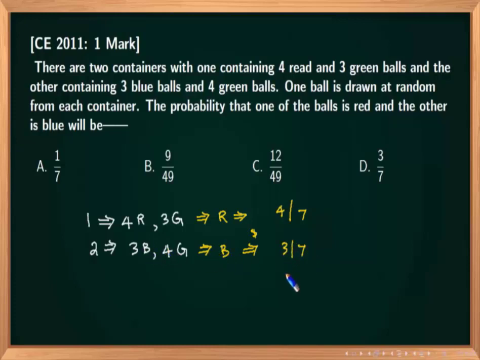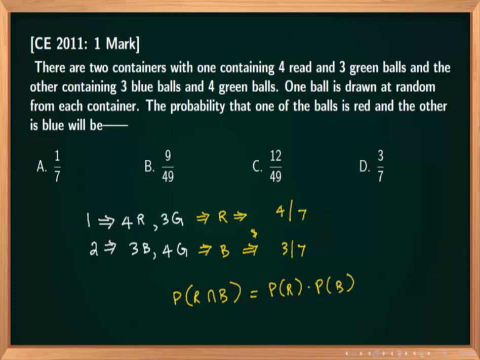3 out of 7. Now this question, what I need to find is the probability that one of the balls is red and the other one is blue. So I have to ensure that one is red and the other one is blue, which means that I have to find red and blue, which means that this intersection. I have to make sure that from the first container I pick a red ball, and from the second container I will be picking a blue ball, which means that it is P of R into P of B. Right.